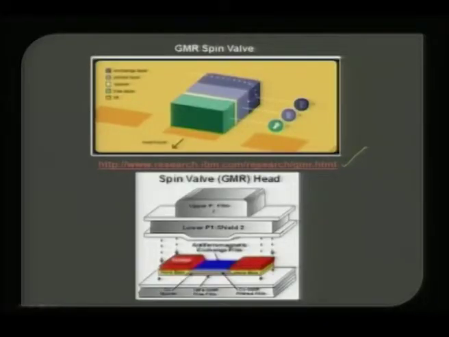This is displayed on the ibm.com website, where they will show you how the resistance varies with information, and how that can be used for reading magnetic information.